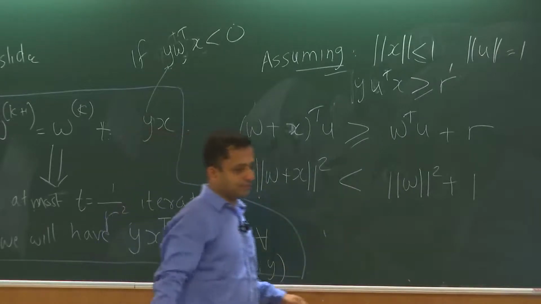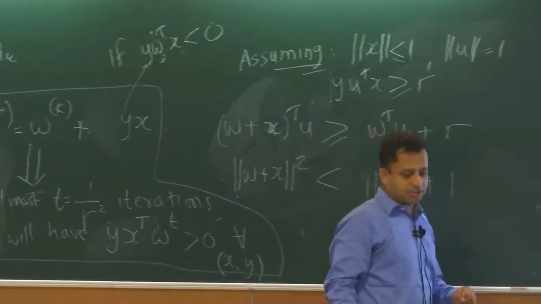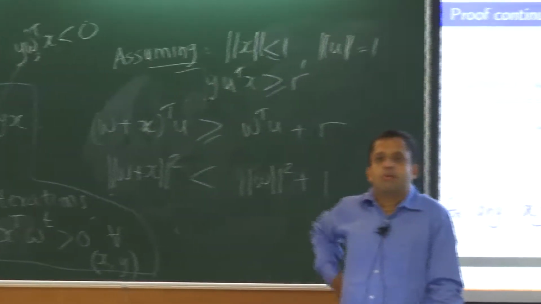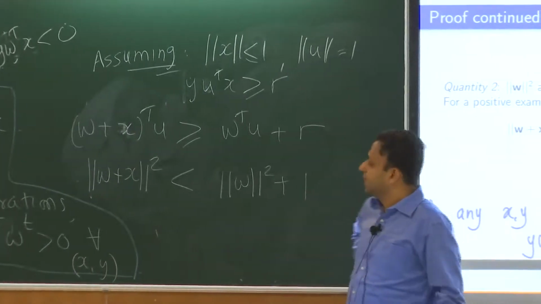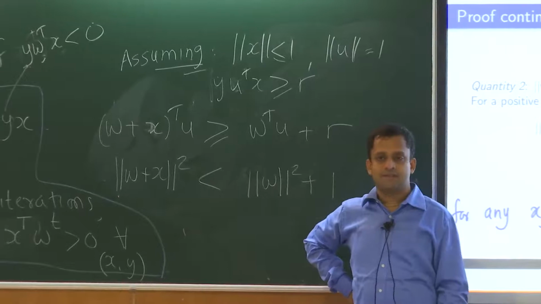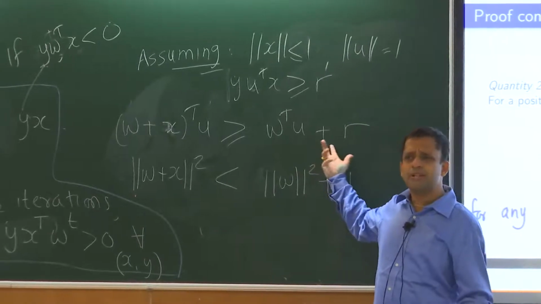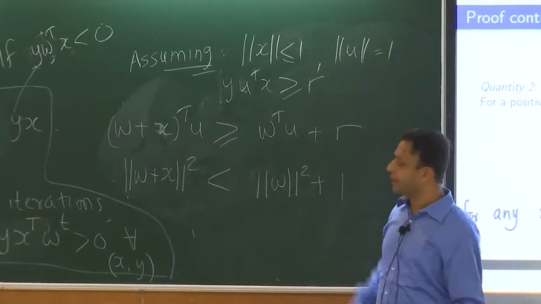How do you make use of these observations to prove this 1 upon gamma square as an upper bound? Where does gamma square come from? Here is gamma.